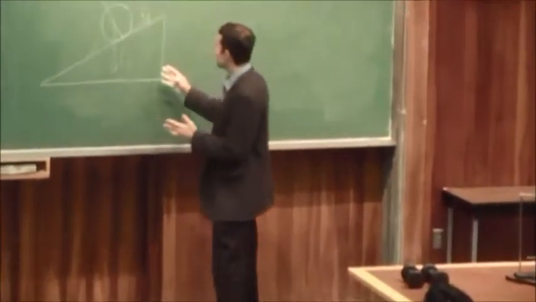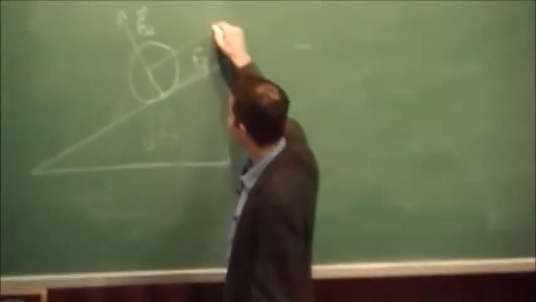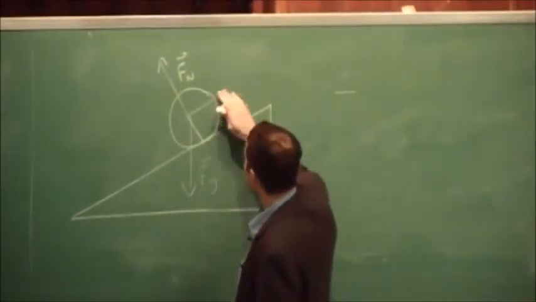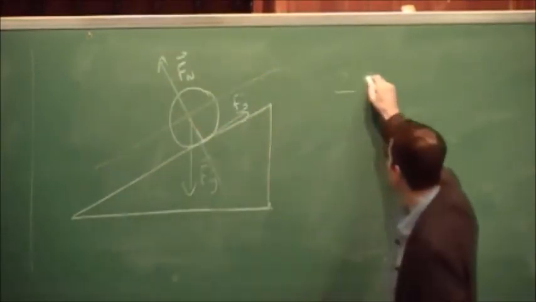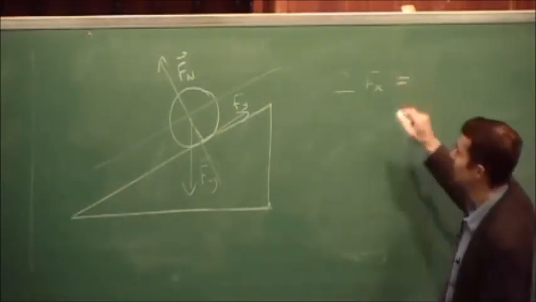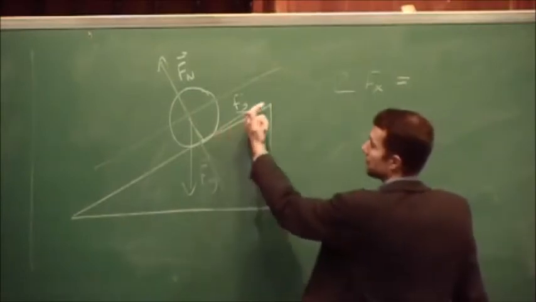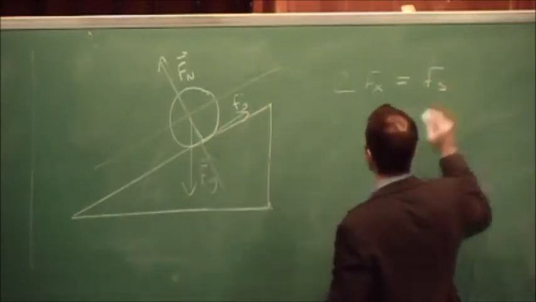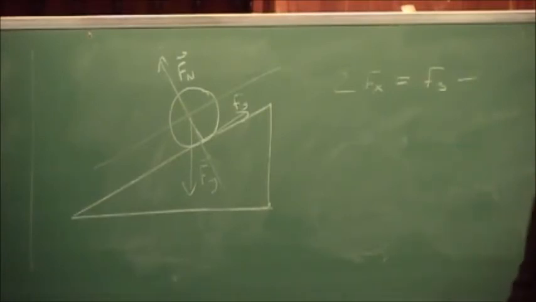Okay, now, let's break this up into axes. We're going to break this up into an XY coordinate system. Summing the forces in X, we have the static friction, and what else do we have?